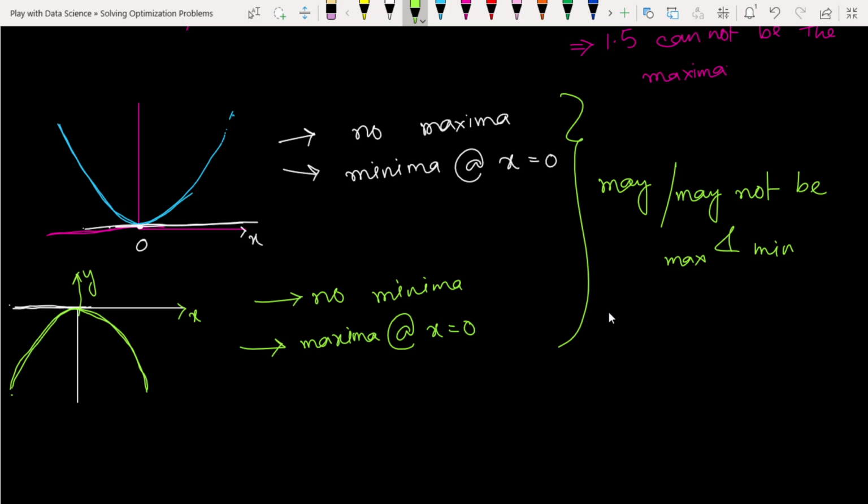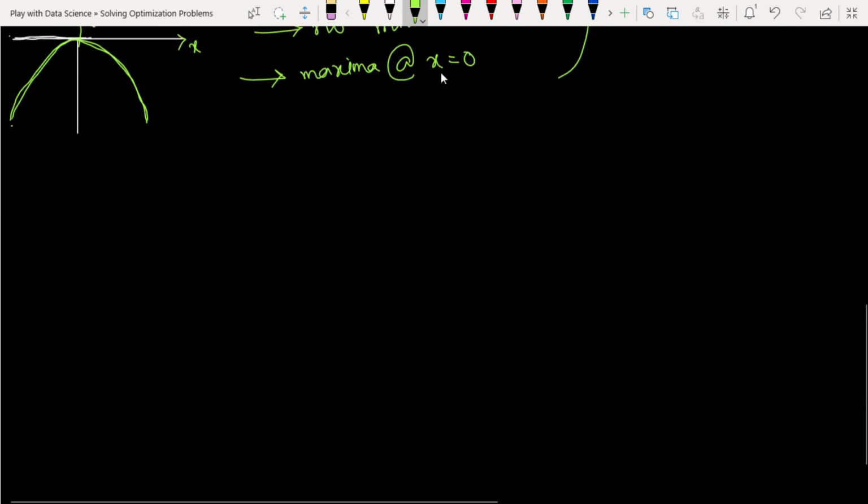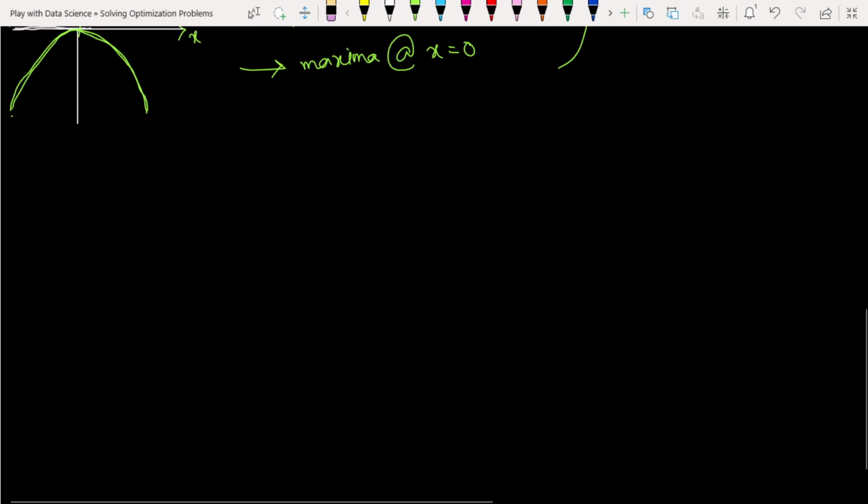Now it will be clear. Let's take another example. This kind of concept will be clear. Let's see this example. Just take this one, I think it will be better.